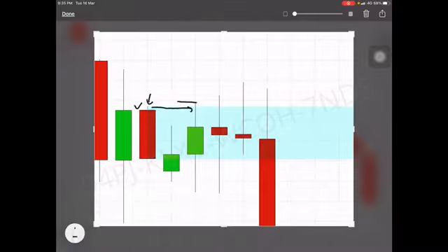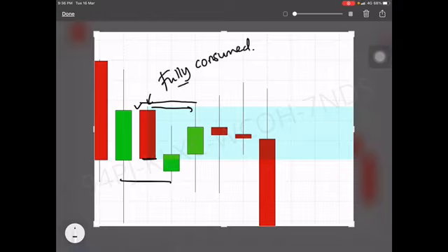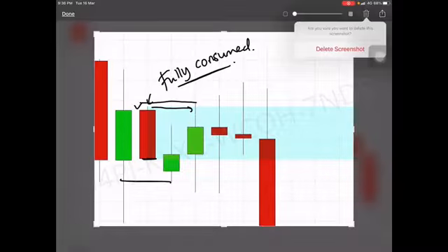Look. This body has been consumed, so it has fully consumed. When we have full consume, this will be low risk.